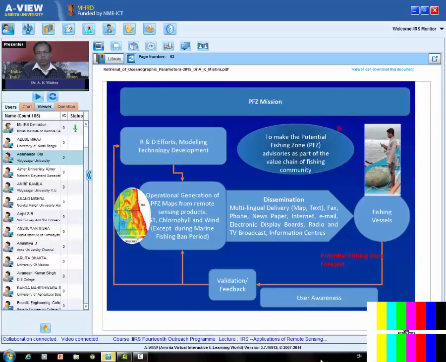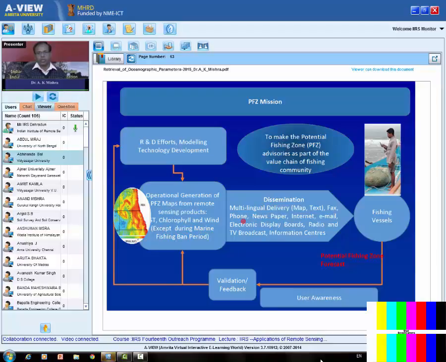The mission is to make the potential fishing zone advisories as part of the value chain of the fishing community, and the R&D effort and modeling technology developed by the scientific community will go for operational generation of PFZ maps from remote sensing products like SST, chlorophyll, and wind speed, etc., except during the fishing ban periods, of course.